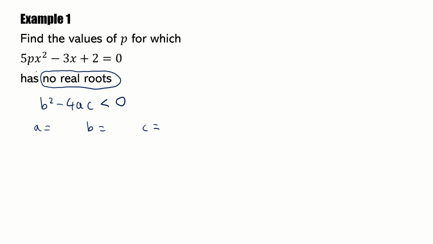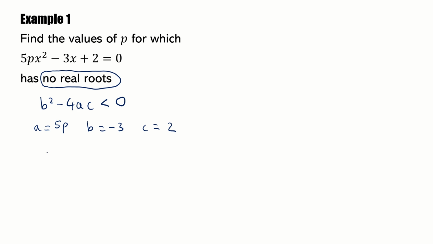And this is where it gets interesting because, as I said, the p is actually holding part of the role of the coefficient of x squared, so therefore actually our a is 5p, it's everything that's in front of the x squared. Our b, though, is more normal, just being minus 3, and our c is also fairly normal, being just a 2. But yes, we can now start to have algebra as long as it's not the normal x involved in the actual values or expressions, I should say, for a, b, and c.